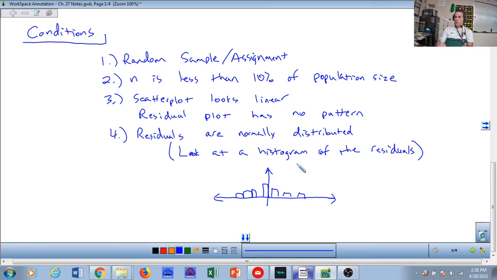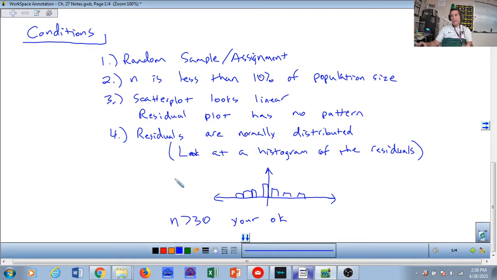You don't want to see a skew, you don't want to see outliers. Now, if your sample size is greater than 30, just like t-test for means, you're okay. So if they pick a sample bigger than 30 and they have more than 30 dots on your thing, then you don't have to really worry about checking number 4.